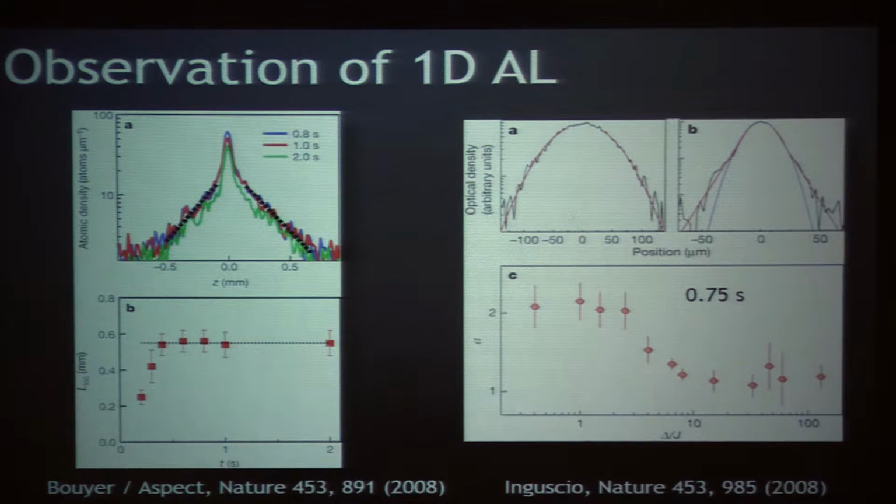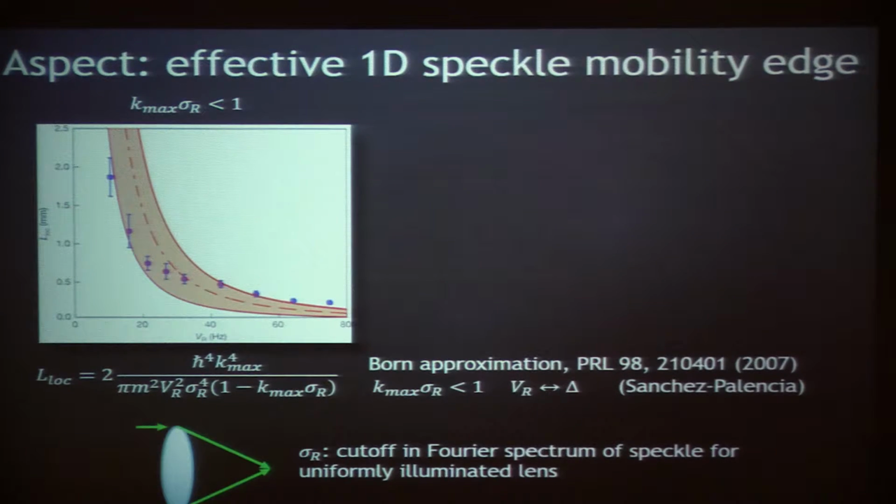Then I want to show you, from a 3D experiment with speckle, something that's different from what you might naively expect. In that experiment with speckle, there is actually a kind of mobility edge present that they were able to observe. I'm sorry, this doesn't show up that well in this projector, but here, from a measurement in a certain regime, is the localization length versus the disorder strength.